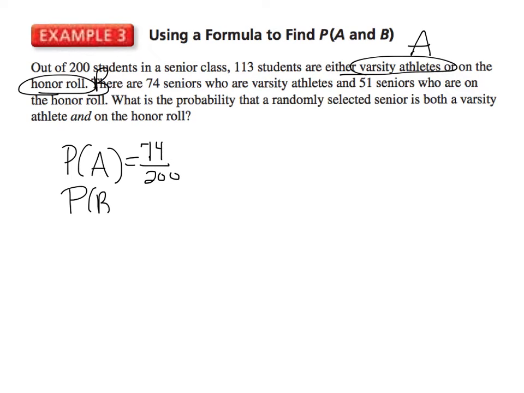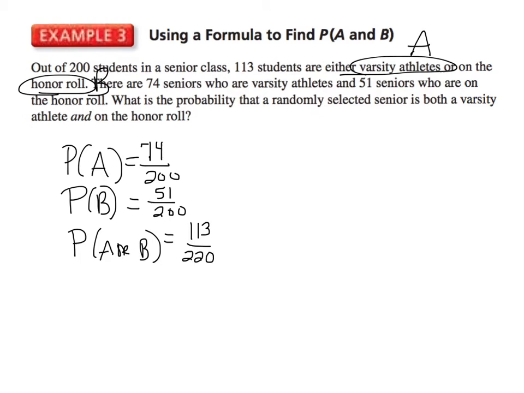The probability of B, which are 51 who are on the honor roll, and the probability of A or B, now remember, it says varsity or on the honor roll. It doesn't say both, so they're either on one or the other, is 113 over 220.